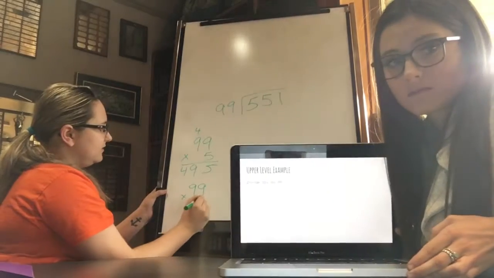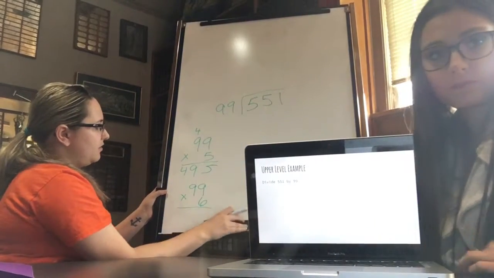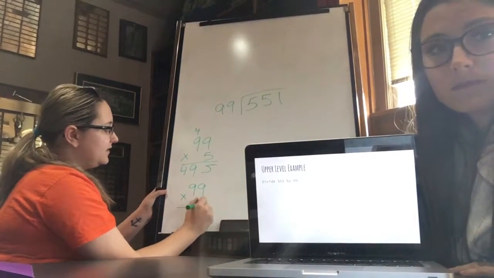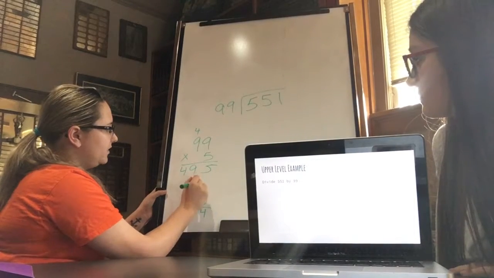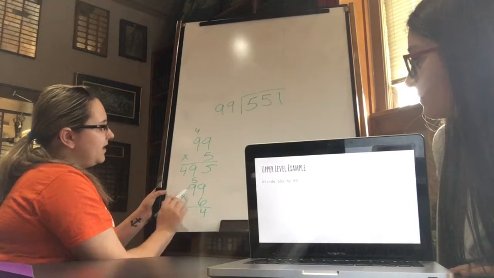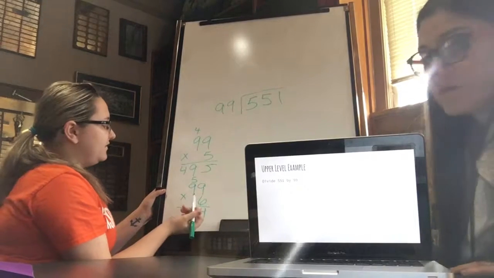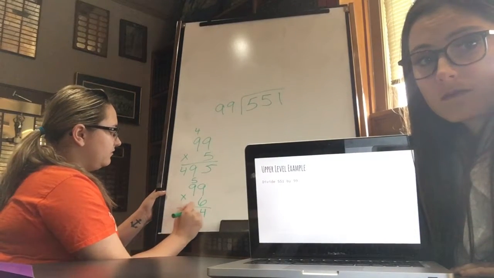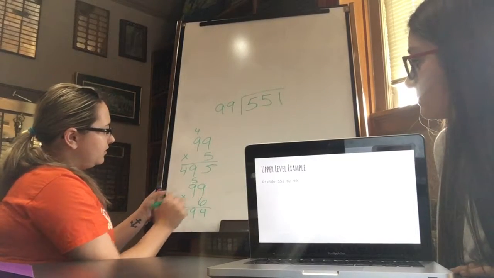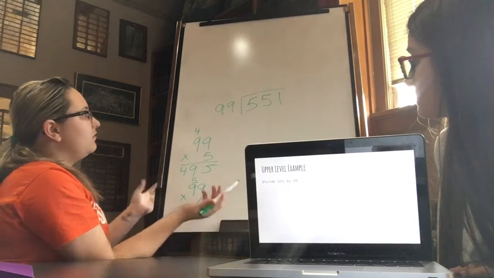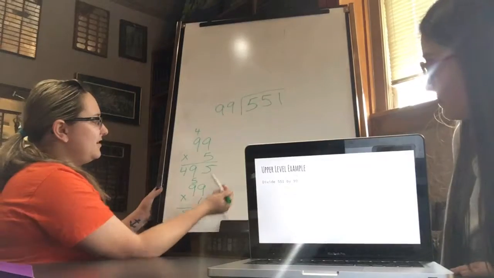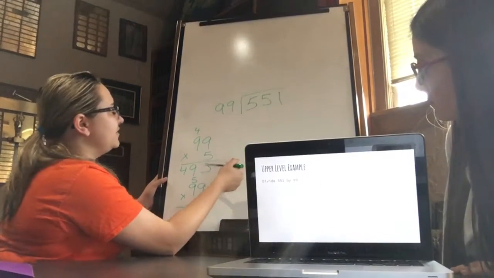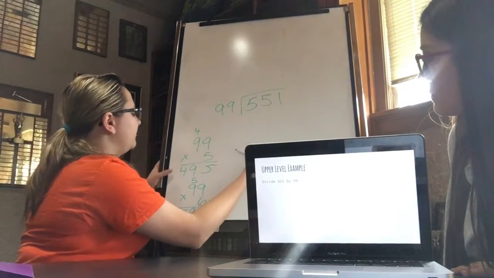So 99 times 6. We know that 9 times 6 is 54. So we carry the 5. And then right here we know 9 times 6 once again is 54. But then we have to add the 5, which is 59. So the answer is kind of in the middle. So we're going to take the smaller one so that we can have extra left over.